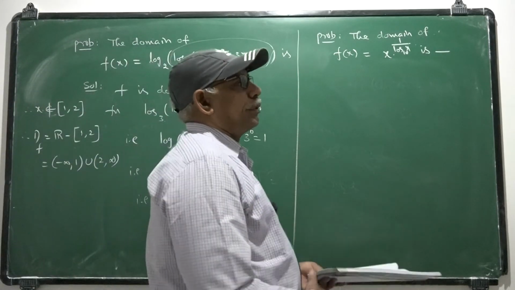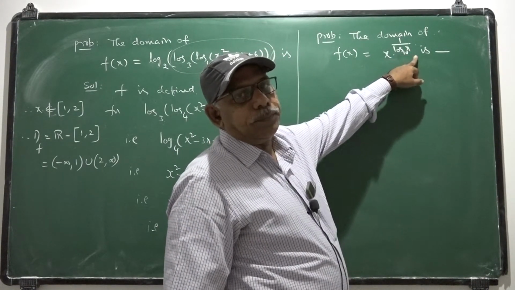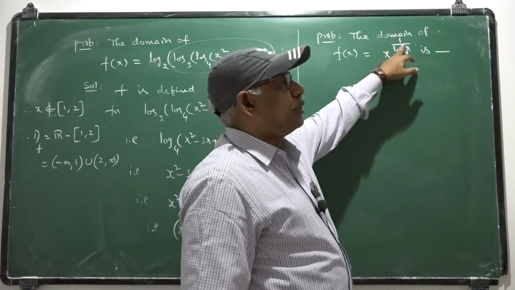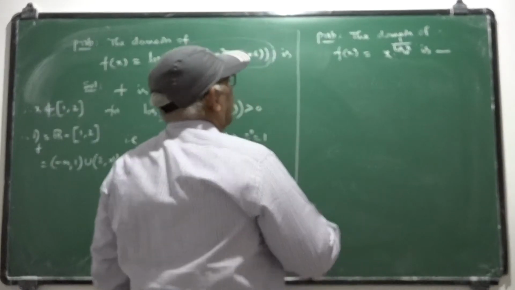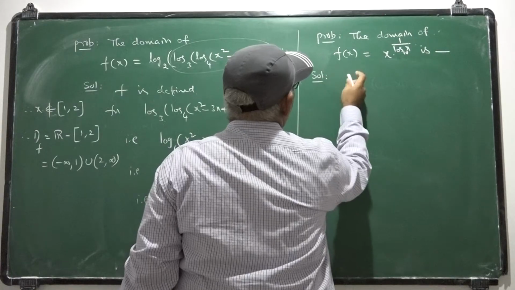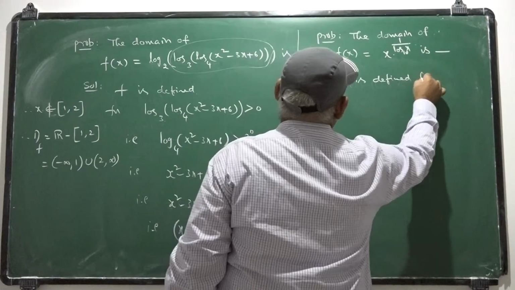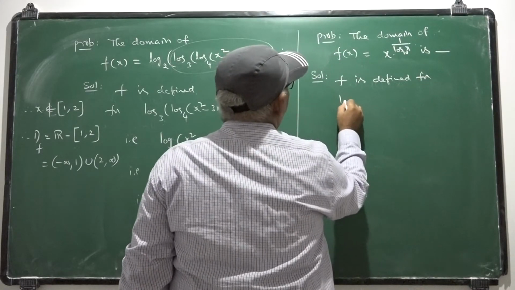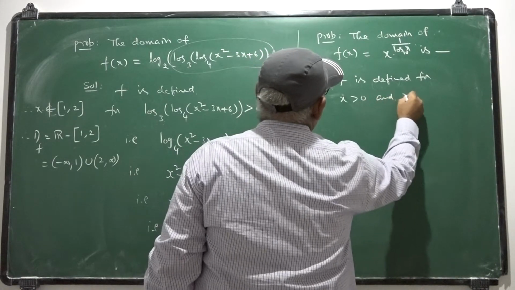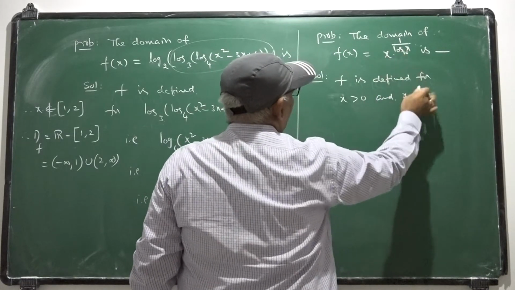Here also the logarithm is applicable to positive reals, and moreover, since the logarithm is in the denominator, it cannot be 0. So f is defined once x is greater than 0 and x not equal to 1, x positive and not equal to 1.